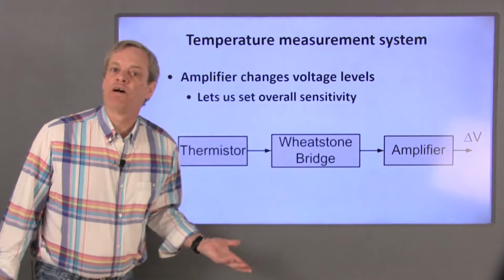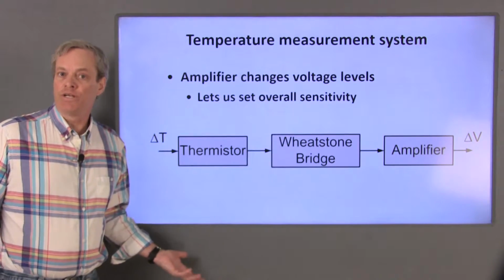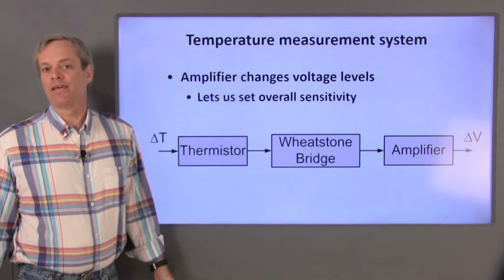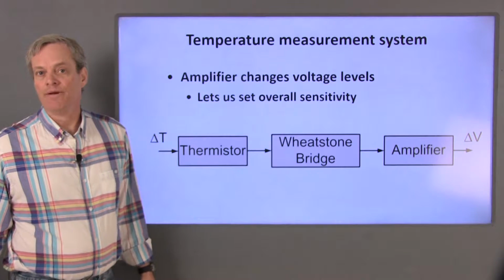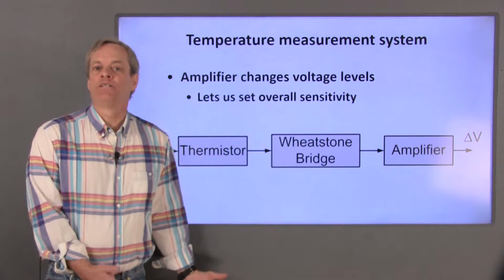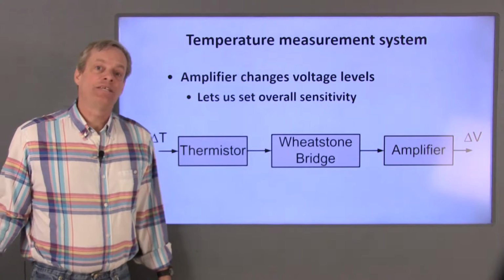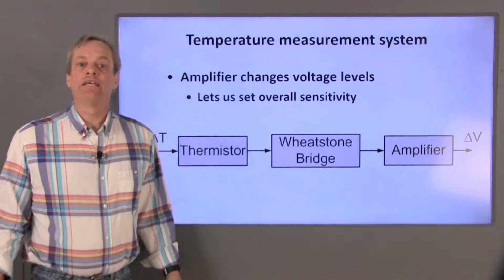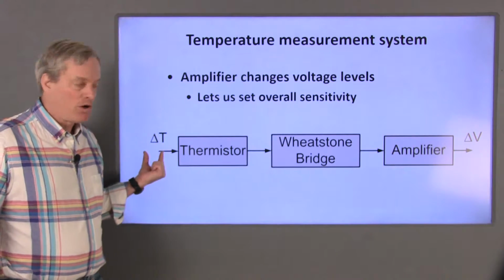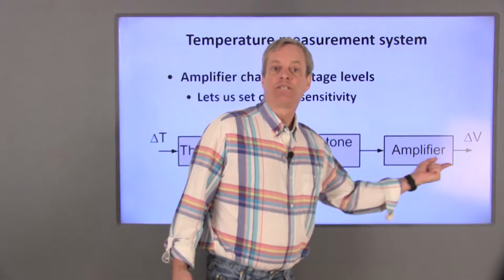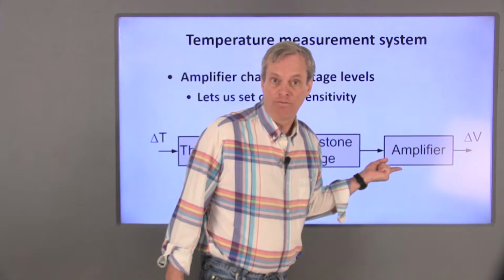A voltage amplifier accepts a voltage as an input and outputs a voltage that's a scaled version of the input voltage. It just gives us an output voltage that's equal to the input voltage multiplied by some number. That makes it yet another linear system, and we can get the desired slope of the overall relationship by adjusting component values in the amplifier.